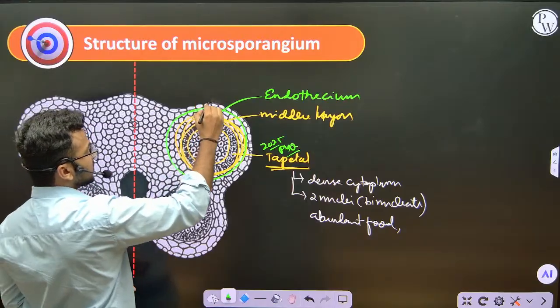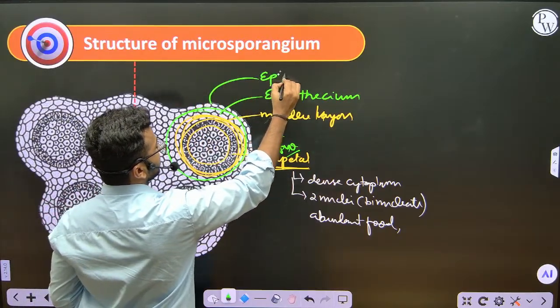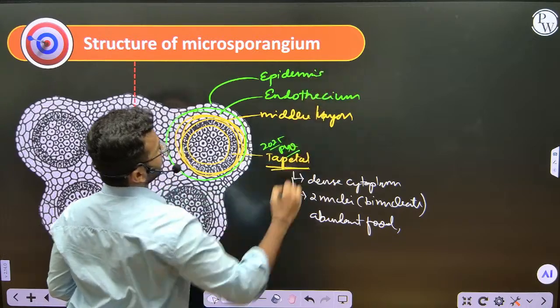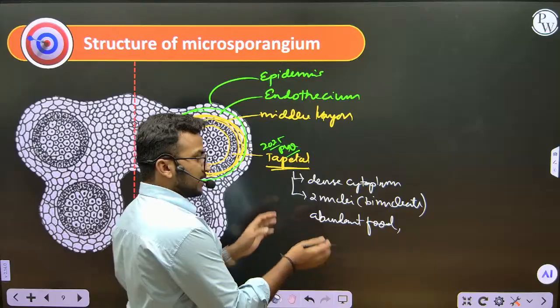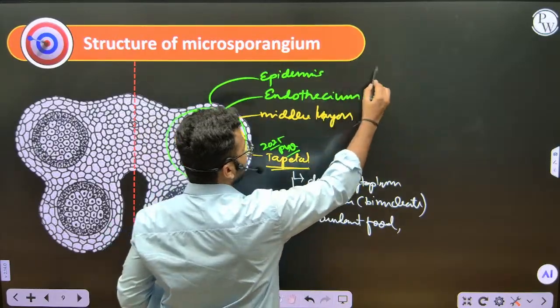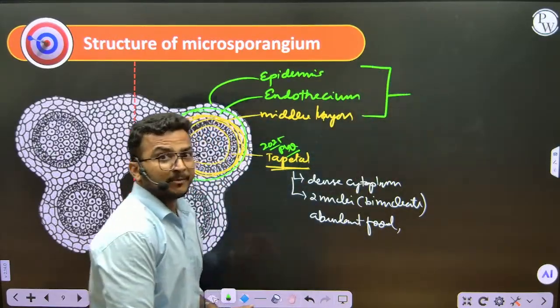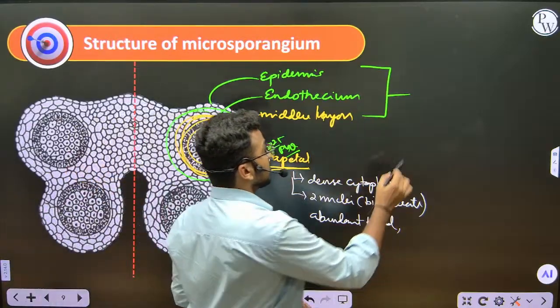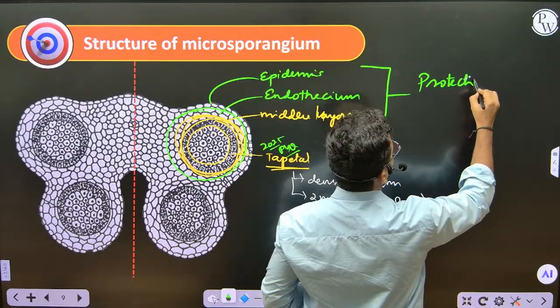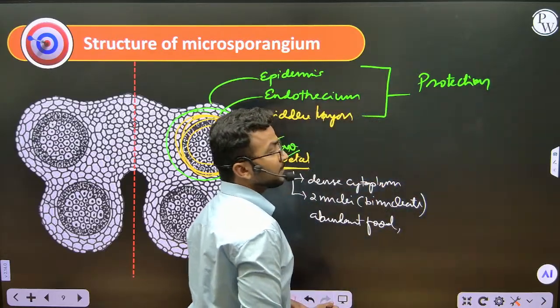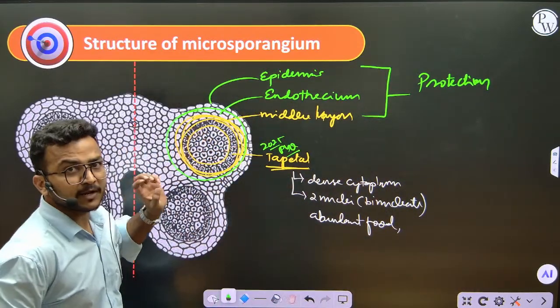And the outermost layer is the epidermis. Except for the tapetum, even though the tapetum also protects, these 3 layers work together as a protective unit, for the protection of the developing pollen grains.